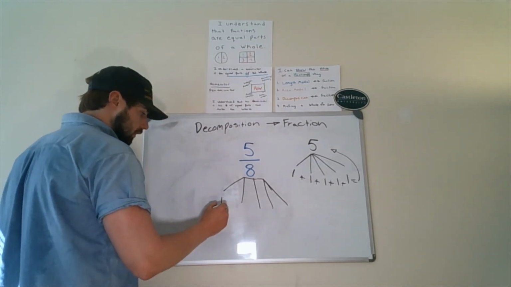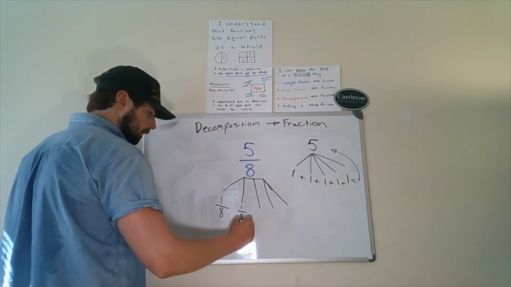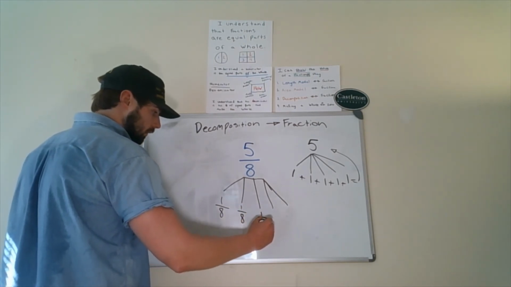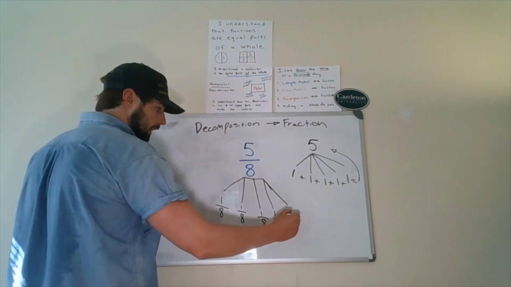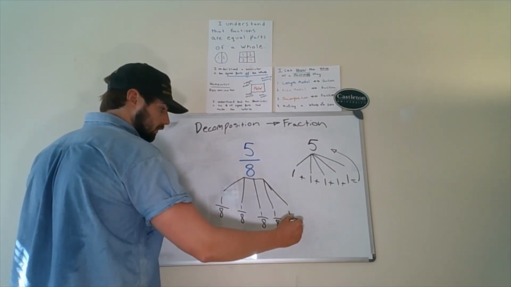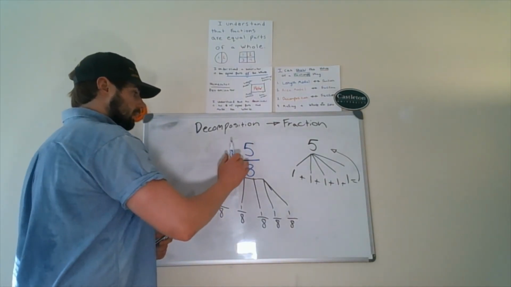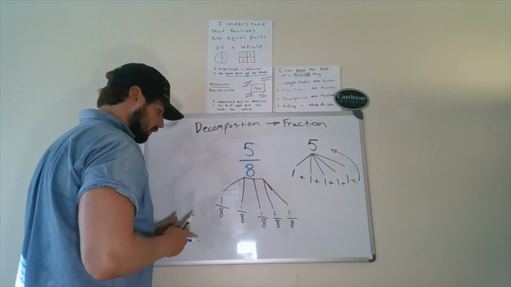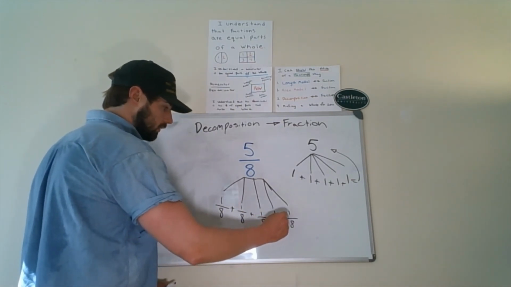And each have an 8th in them. Each are an 8th. There are 5 parts, and 8 of these parts would make a whole. So I took this 5/8 and I decomposed it into all its little parts.